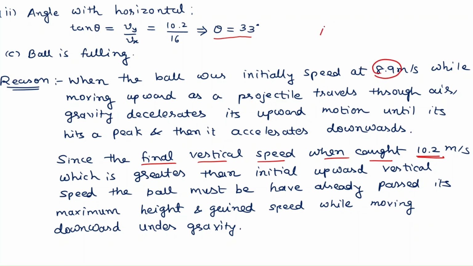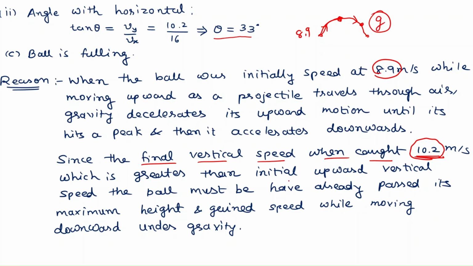Try to understand, this is the projection of the ball. It is sometimes here, sometimes here. So the initial speed is 8.9 and it decreases as it goes to the peak position. So the speed when caught by the keeper is 10.2. That means after reaching its peak, it gains some speed, accelerated by g.